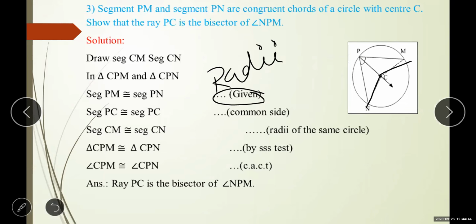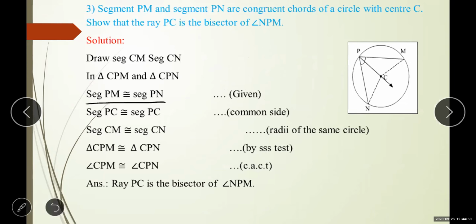Okay, I went wrong over here. Wait. PM and PN, both are the chords. I was thinking about CM and CN. So PM and PN are chords of the same circle, and they already mentioned that these chords are congruent, so it is given.